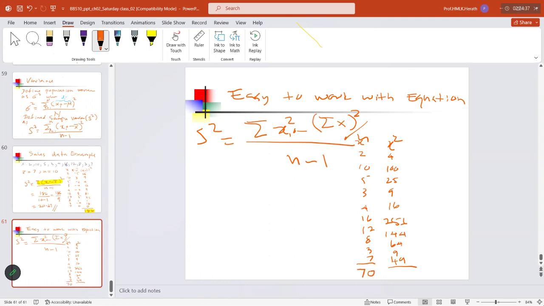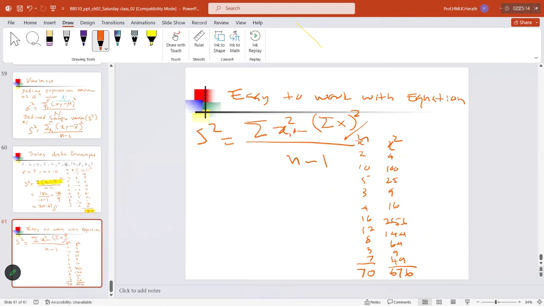And if you add the squares, 4 plus 100 plus 25 plus 9 plus 16 plus 256 plus 144 plus 64 plus 9 plus 49, you get 676.